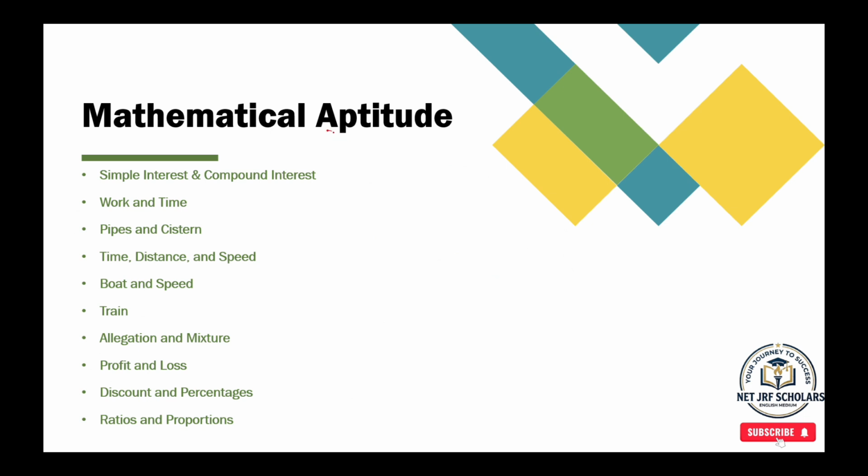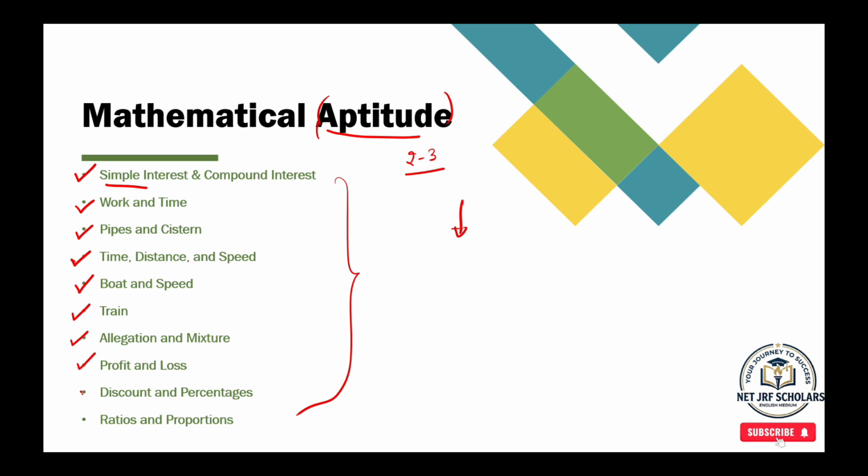When it comes to mathematical aptitude, they might also ask 2 to 3 questions. There are certain topics they repeatedly ask questions from, and most of the time they do not go out of these topics. This section of aptitude includes simple interest and compound interest, work and time, pipes and cisterns, time, distance and speed, boat and speed, train, allegation and mixture, profit and loss, discount and percentages, ratios and proportions.